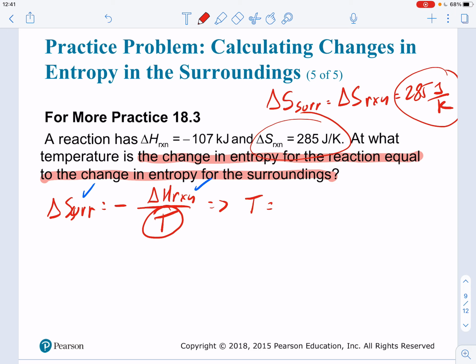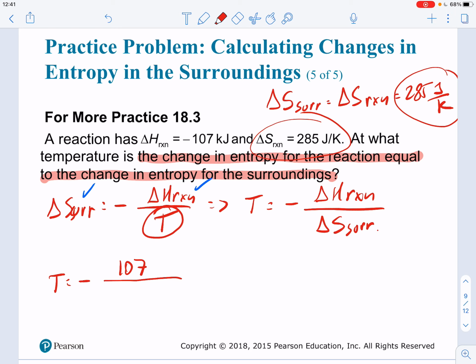Therefore, T is equal to minus the change in enthalpy for the reaction divided by the change in entropy for the surroundings. So T is equal to minus 107, and since I have units of joules on the change in entropy, I'm going to change the enthalpy to joules.